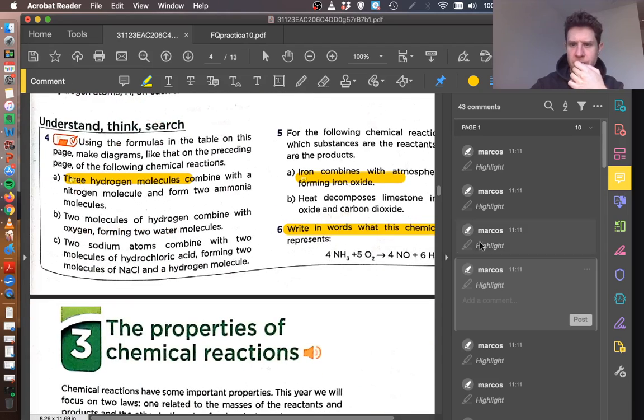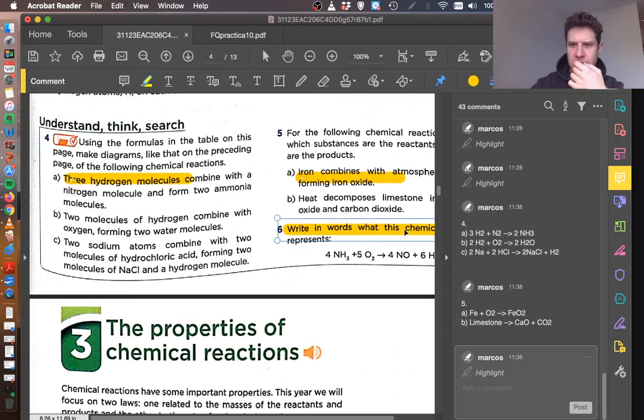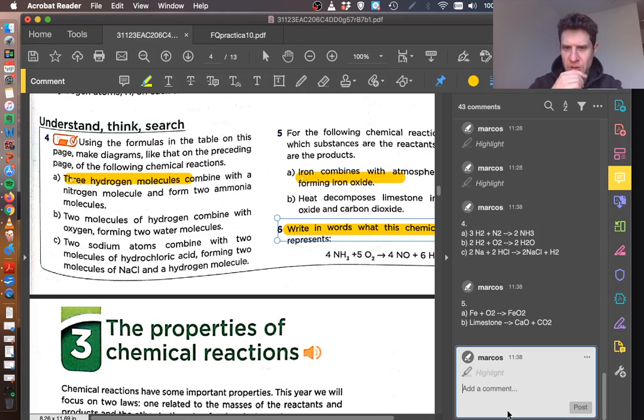This highlight shows how we are going to write it down.